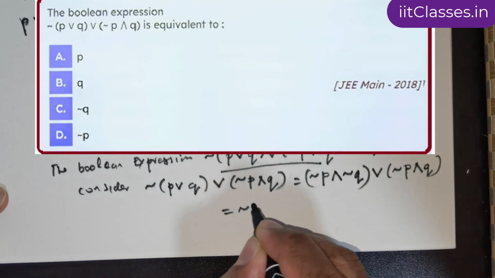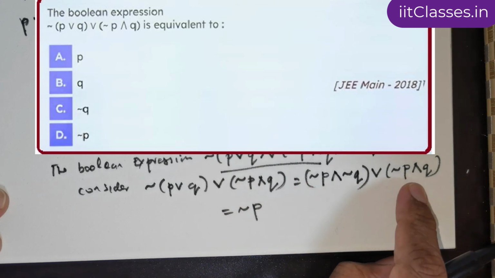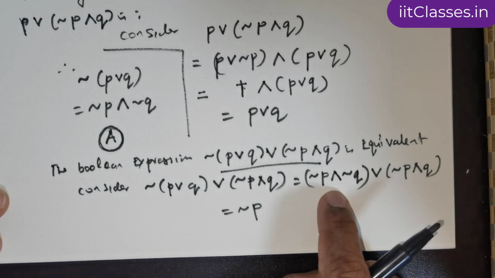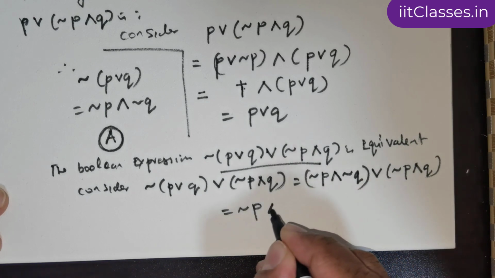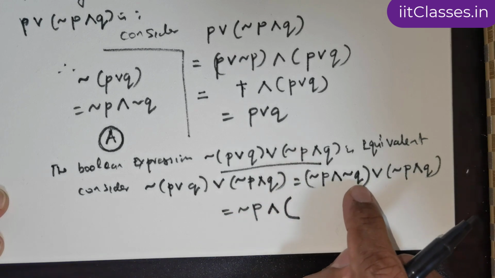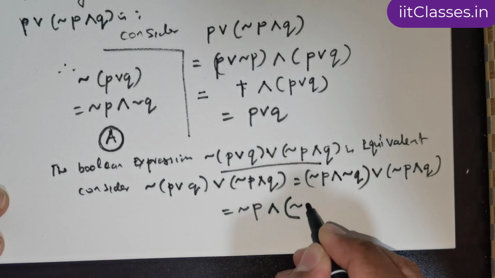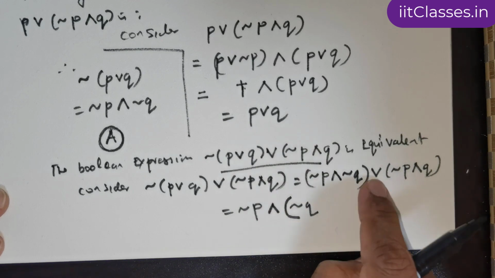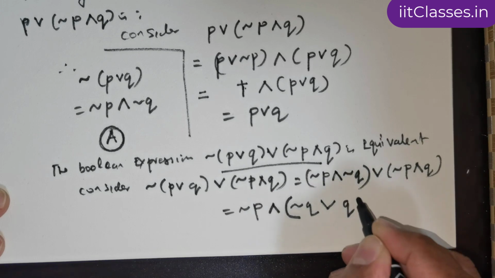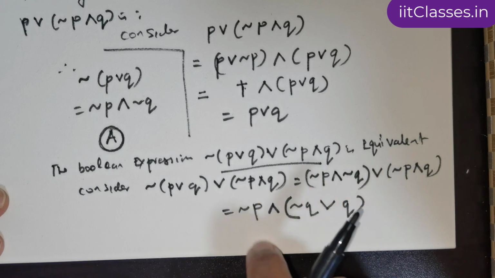Now you have negation of P, negation of P. You can take that negation of P out. If you take that out, you have this conjunction here. So what you can do is place that conjunction and open the parenthesis, and combine negation of Q with Q. What have I done? I've just taken negation of P out.